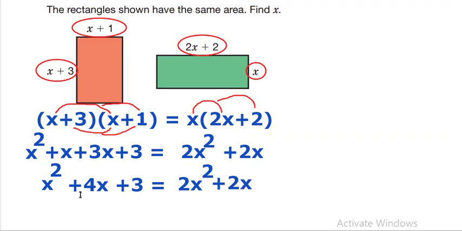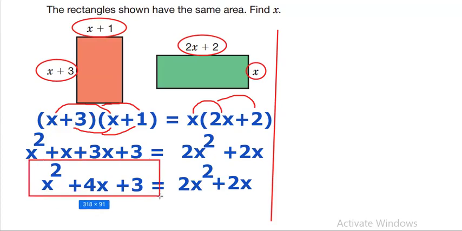Now, let's take all of these here so we don't end up with a negative x squared. Let me put a line so I can write everything again. But before that, I'm going to take all of these to the other side and change the signs, and I'll end up with 0 here.